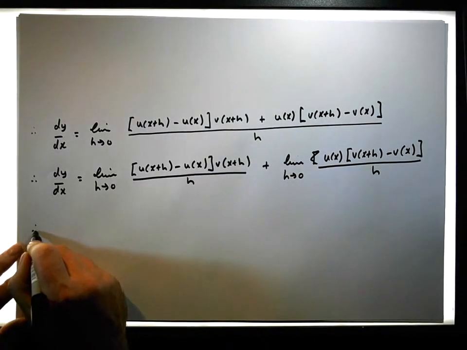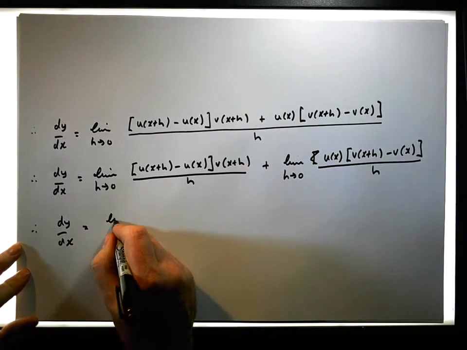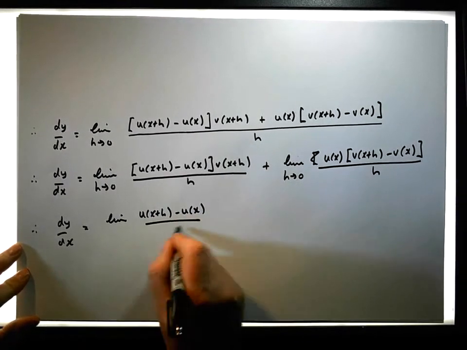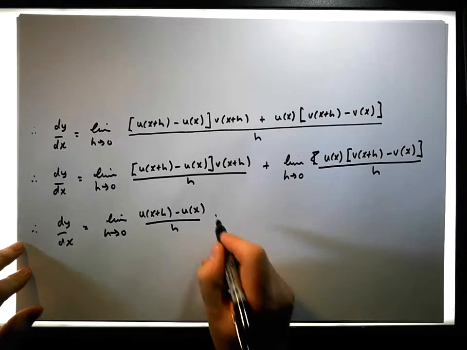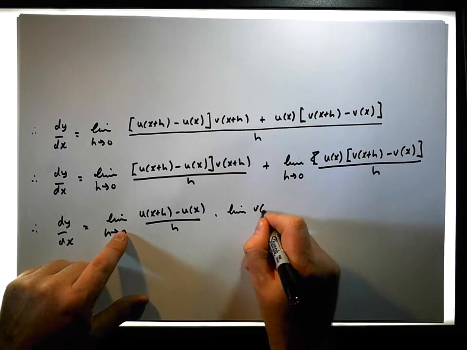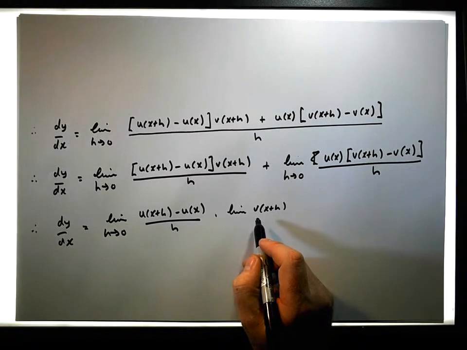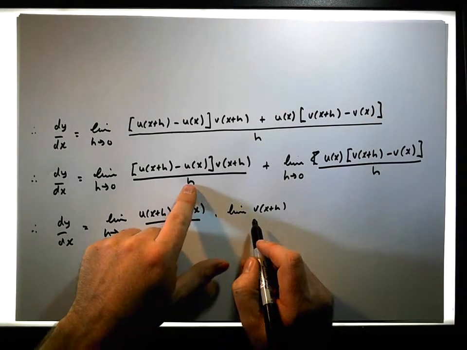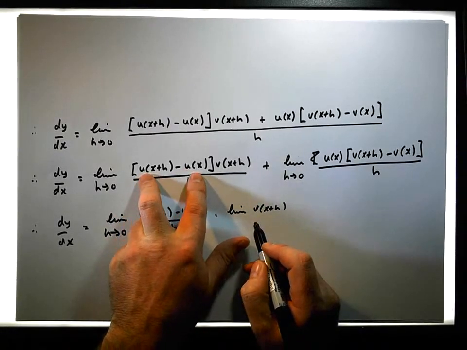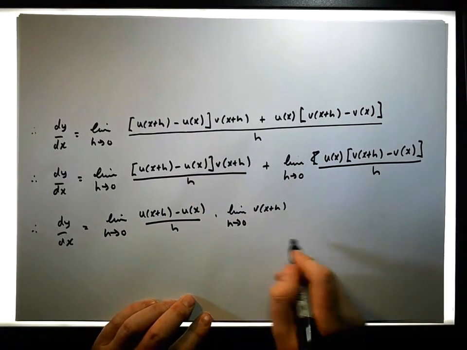So therefore dy dx is equal to the limit of u of x plus h minus u of x all over h as h tends to 0, times, these are differentiable functions, the limit of v of x plus h as h tends to 0.